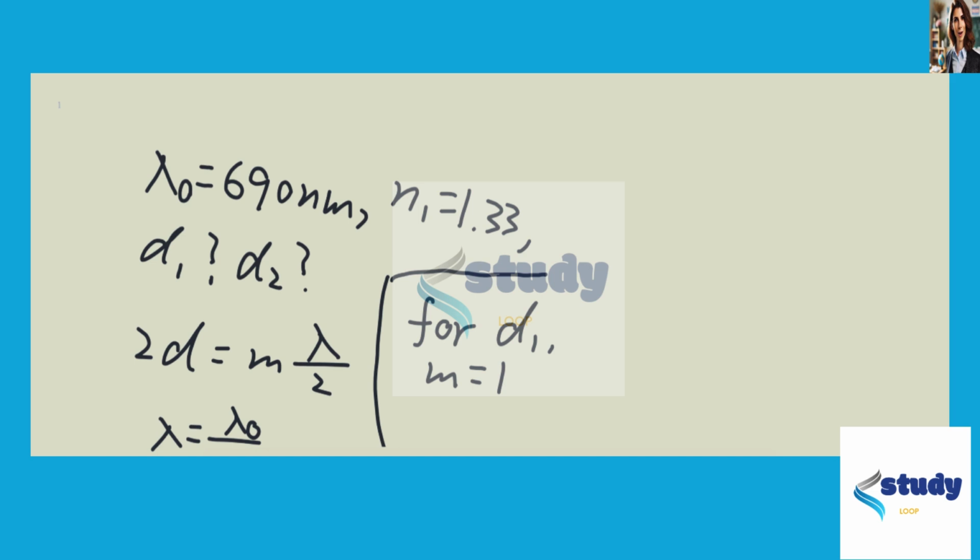We know the formula: 2D equals m times lambda over 2. And another formula: lambda is equal to lambda 0 divided by n1.